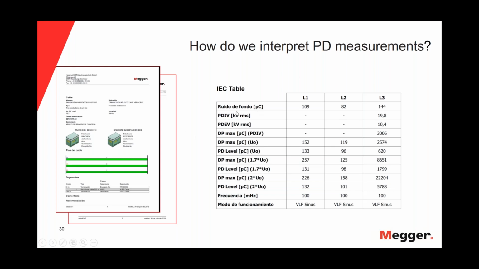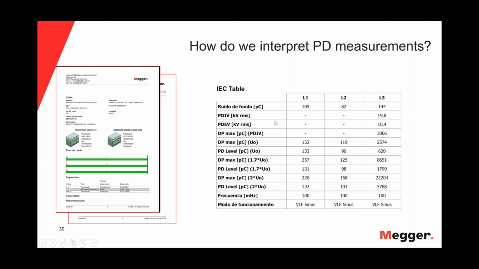For instance, in this table, sorry, this is in Spanish, my apologies, but what we have in the first row is the background noise level. And you can see that it is almost the same background noise level for the three phases.